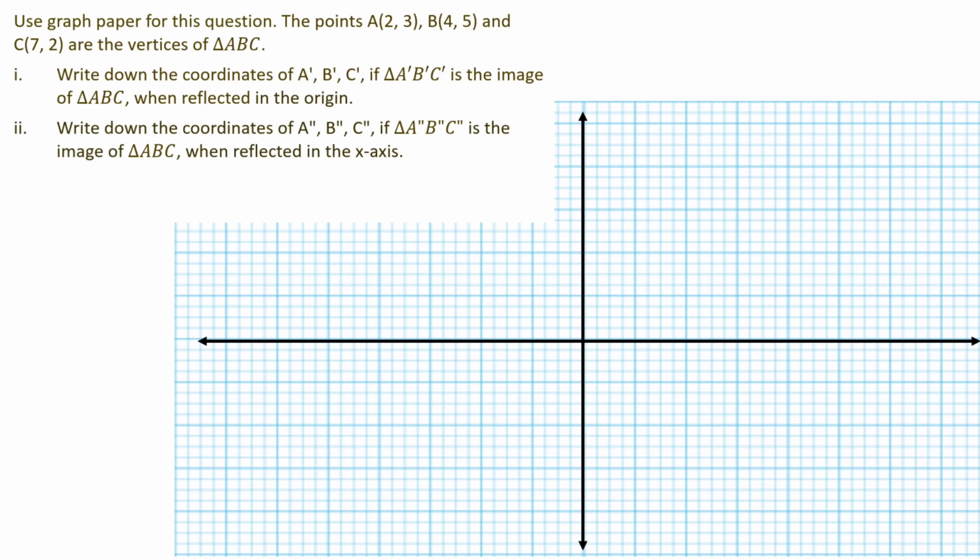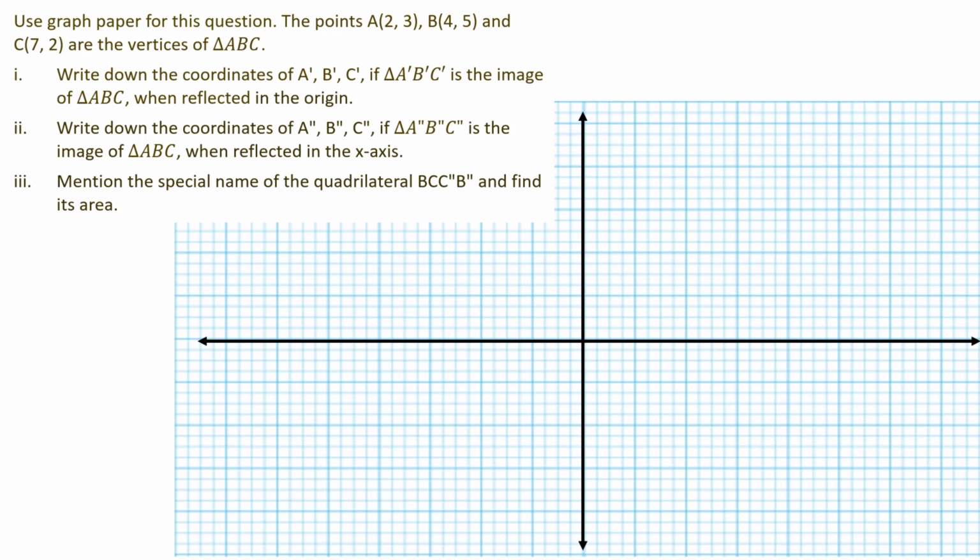Second, we need to write down the coordinates of A double dash, B double dash, C double dash if the triangle A double dash, B double dash, C double dash is the image of triangle ABC when reflected in the x-axis. And lastly, we need to mention the special name of the quadrilateral B, C, C double dash, B double dash and find its area.